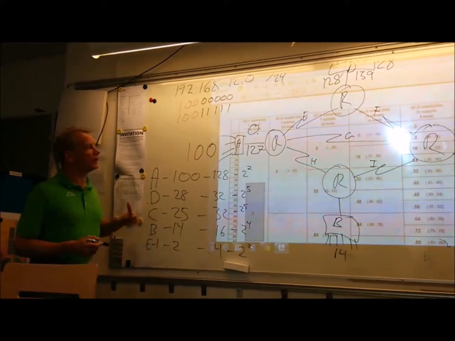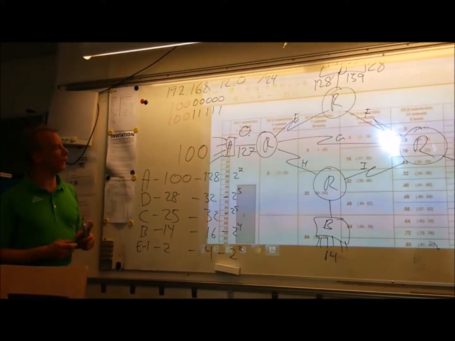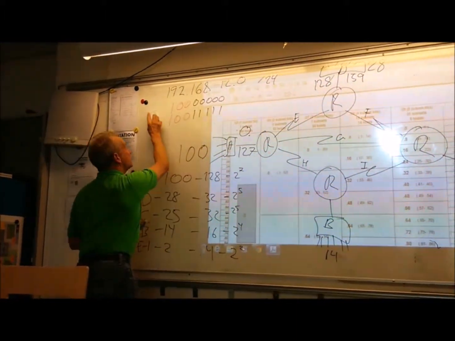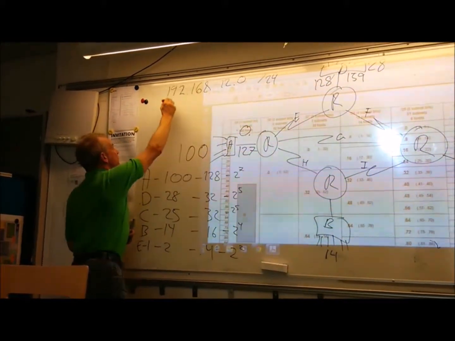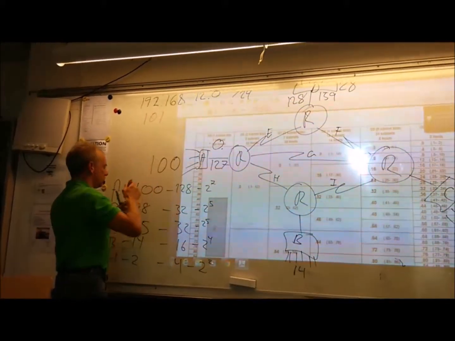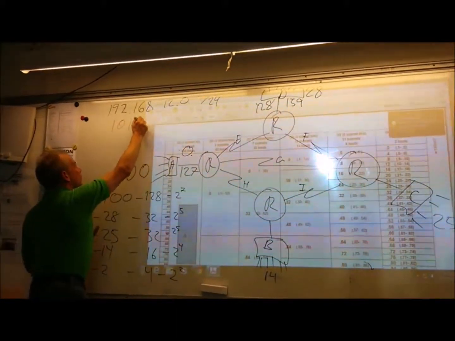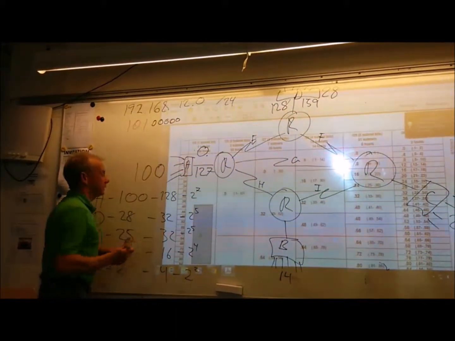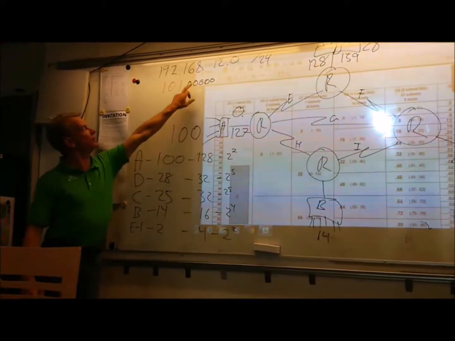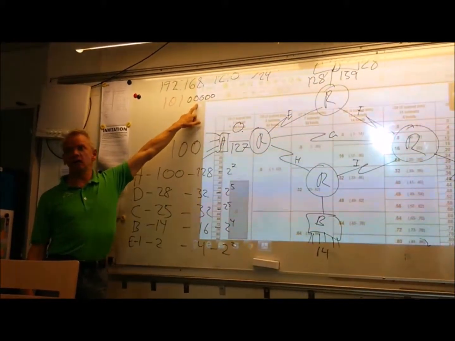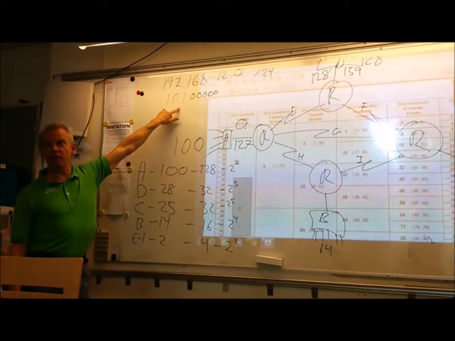That gives us starting address of next network is 160. Binary of 160 is 1, 0, 1, and 5 zeros. Oh, 5 host bits again. So 5 of those are host bits, 3 of them are subnet bits.